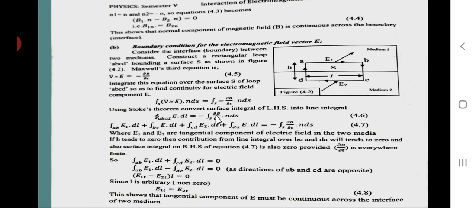So the integration over AB of E1 dot dl plus the integration over CD of E2 dot dl is equal to 0. Integration over AB of E1 dot dl minus integration over DC of E2 dot dl is equal to 0, as the directions of AB and CD are opposite.